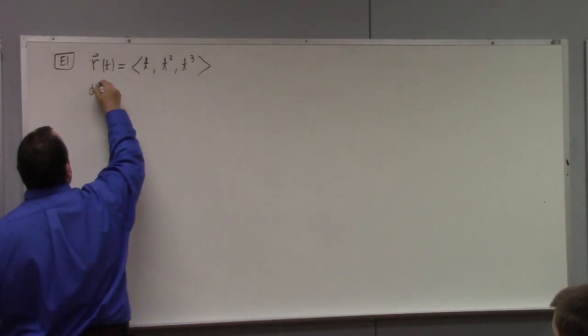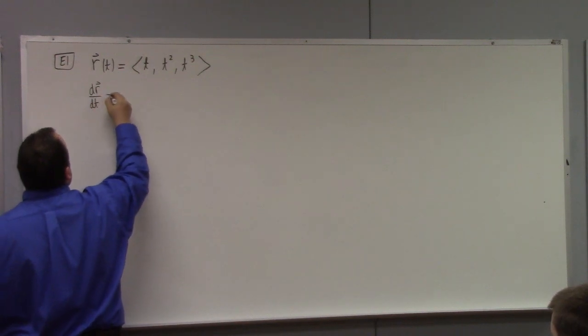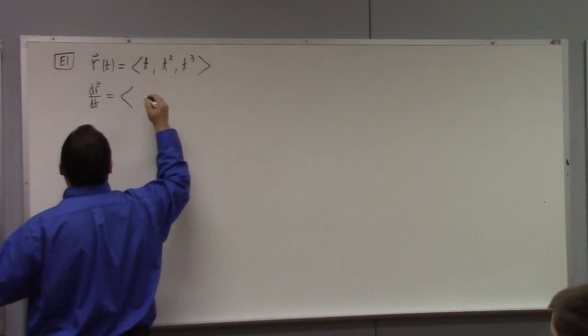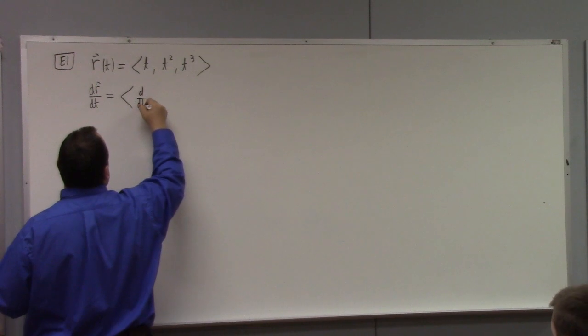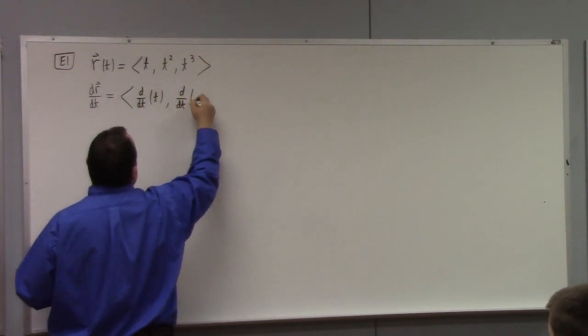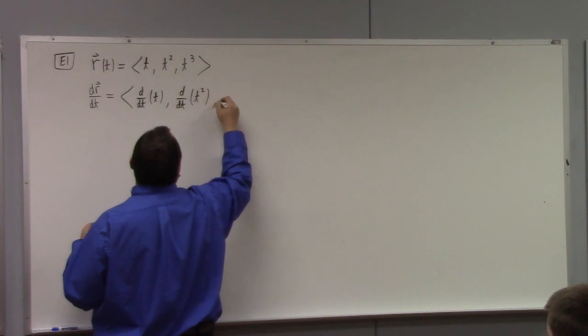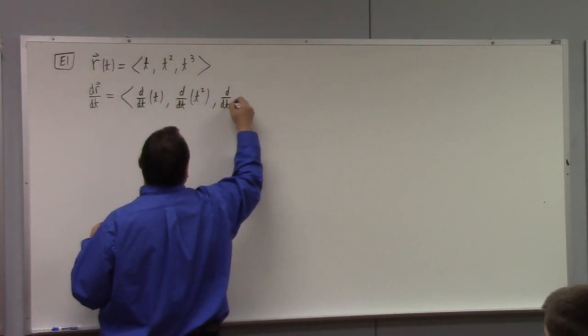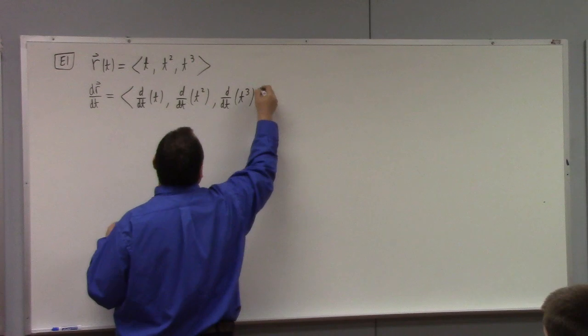So dr dt, and so this is basically the theorem that I'm not really proving, but I'm just telling you it's true. So if you like, we can take this as our definition, all right?